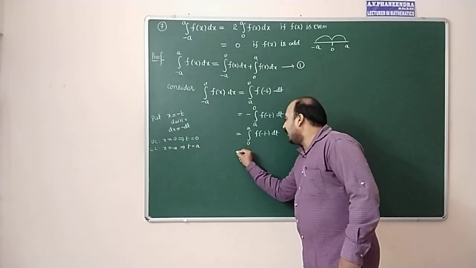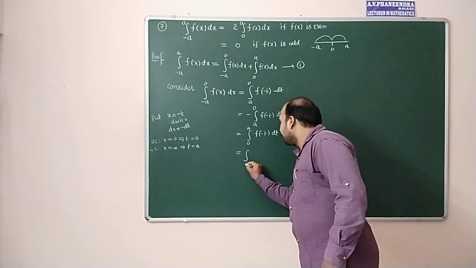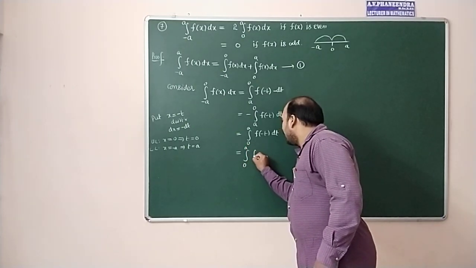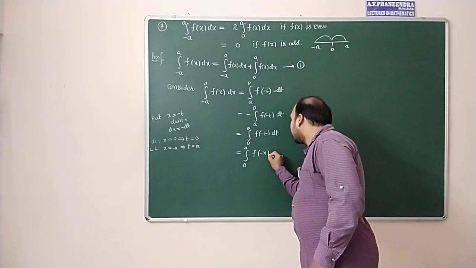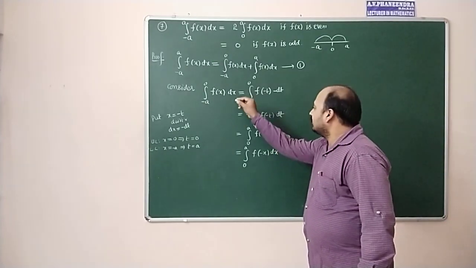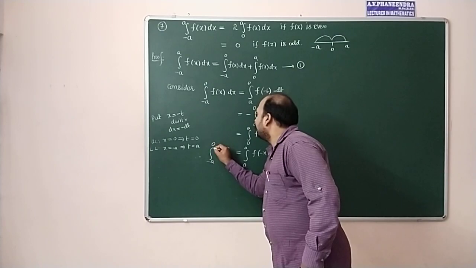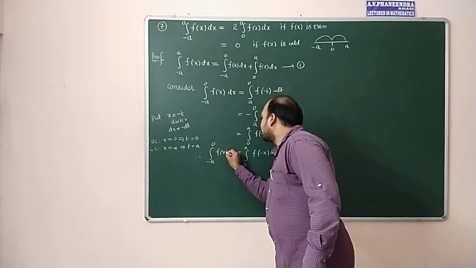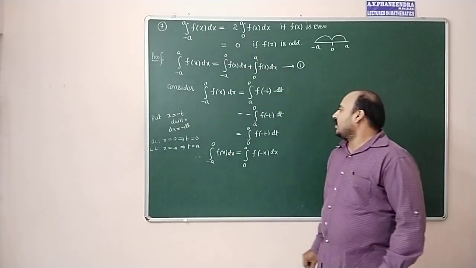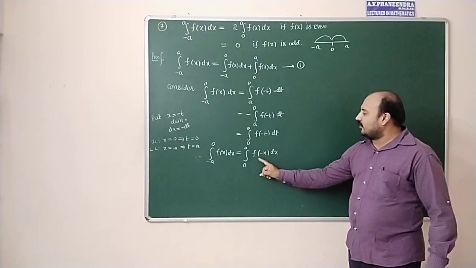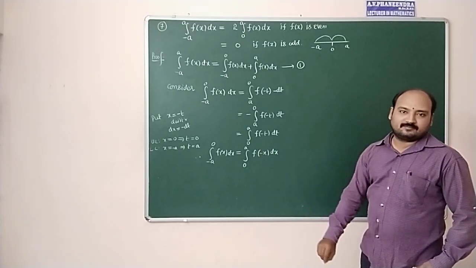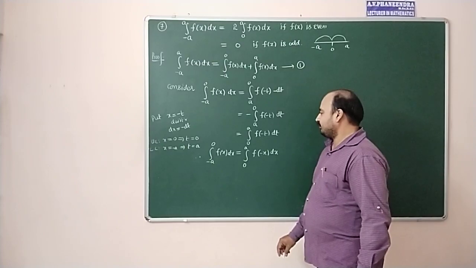So this also can be written as the integral from 0 to a of f(-x) dx. Therefore, the integral from -a to 0 of f(x) dx is equal to the integral from 0 to a of f(-x) dx.